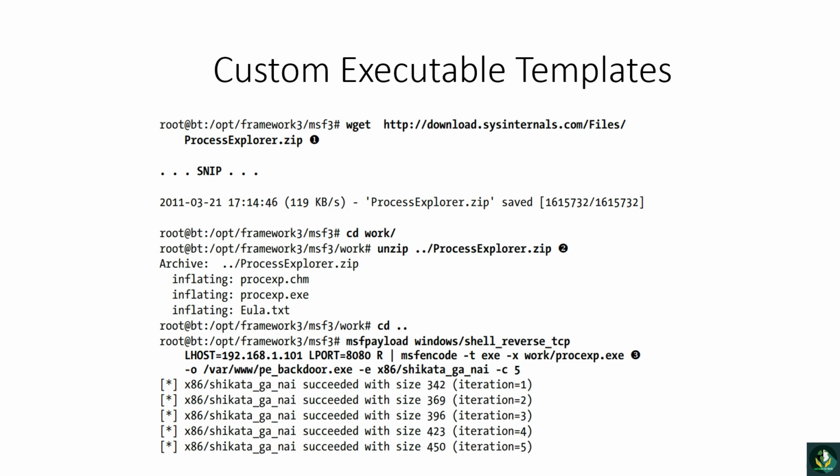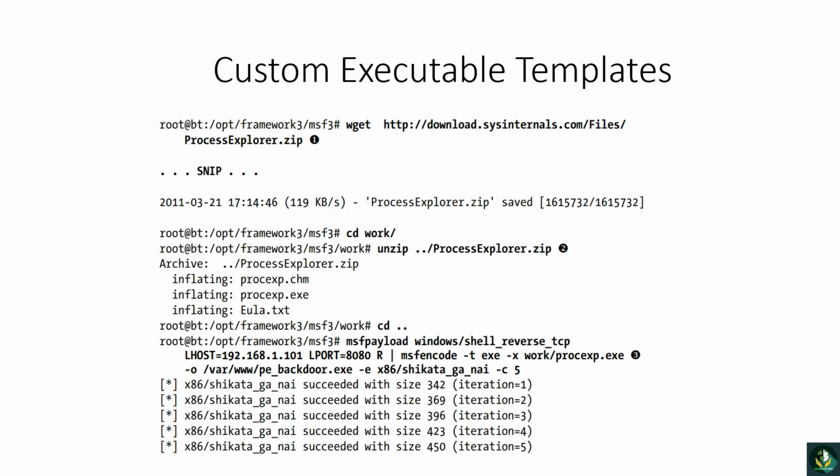So in the following example, we encode our payload using Process Explorer from the Microsoft Sysinternals suite as a custom executable template. As you can see here, we download Process Explorer from Microsoft, then unzip it here, then we use the -x switch, as I previously mentioned, to specify the downloaded Process Explorer binary for use as our custom template.